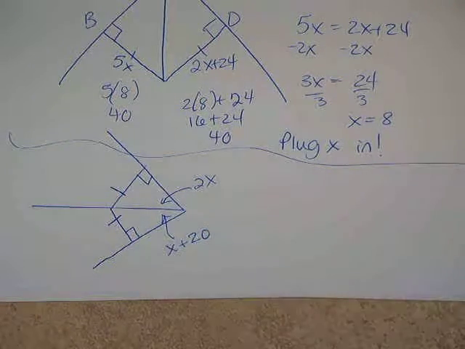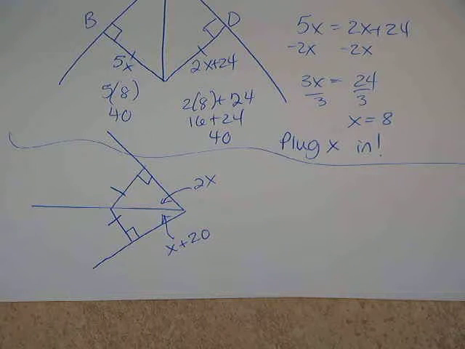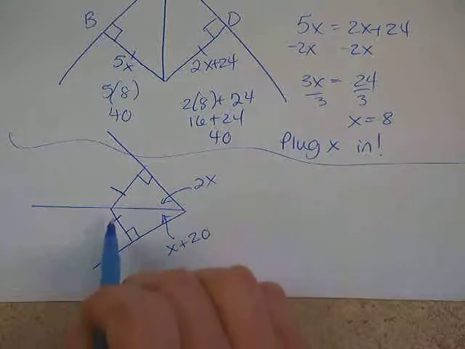Okay, so the markings we have, the congruent. So basically these 2 points are equidistant from that line. And we have the right angles. So what does that give us for free?